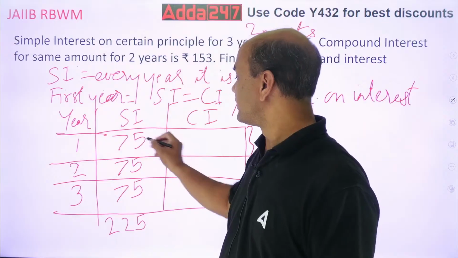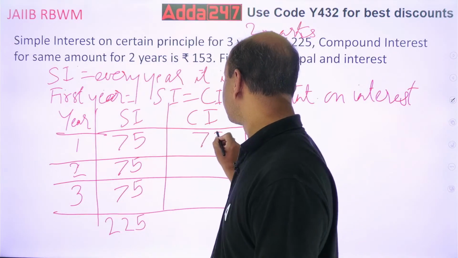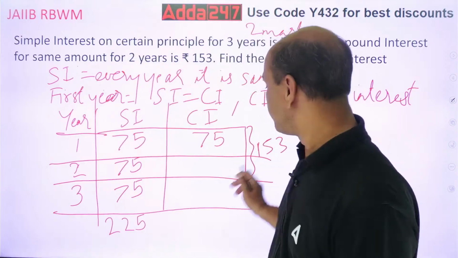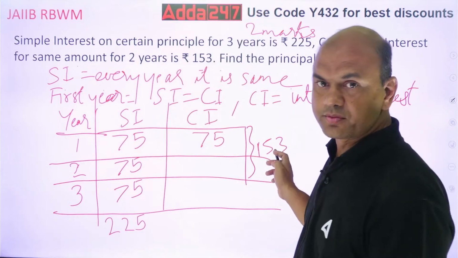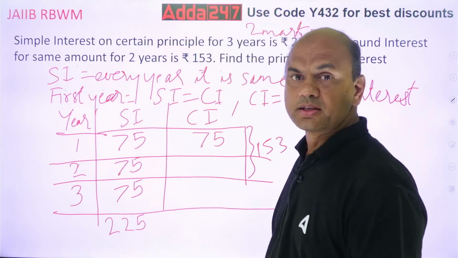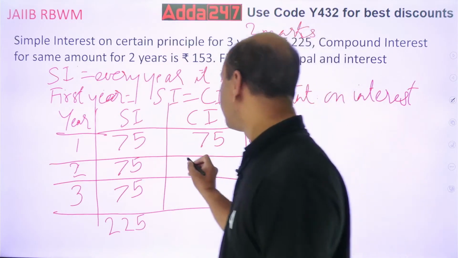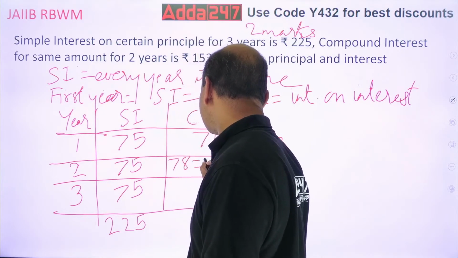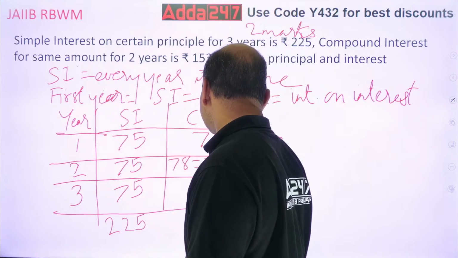This is 75, so this will be 75. What is my total? 153. If the total is 153 and the first year is 75, what will be the second year then? 78. So we write it like this, 75 plus 3.